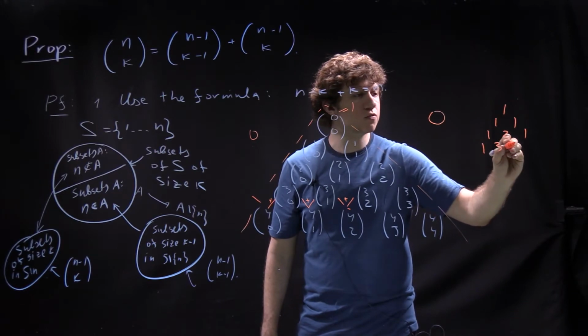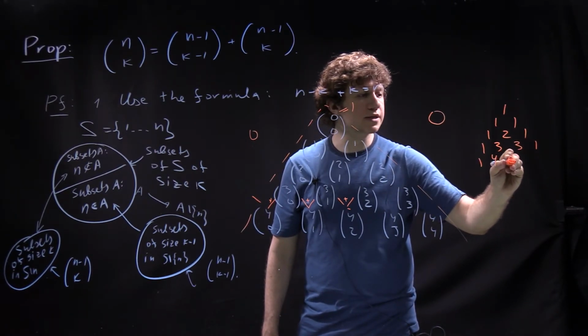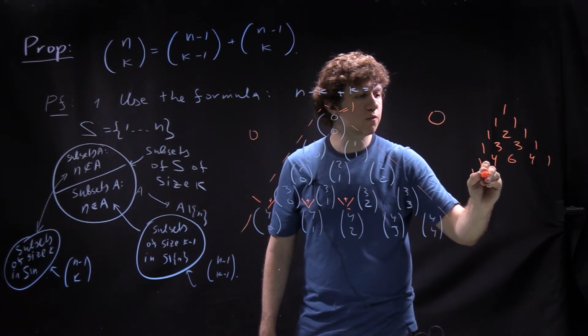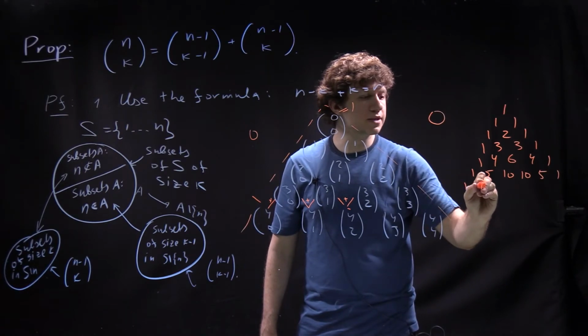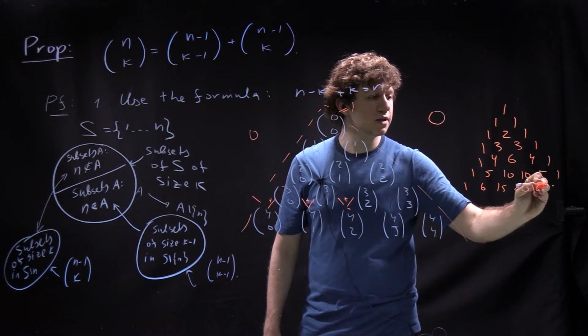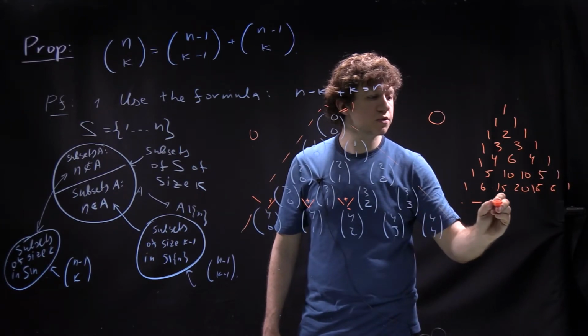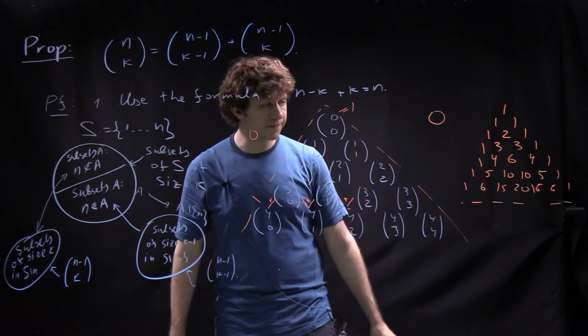So 3 is 1 plus 2, 3 is 2 plus 1; 1, 4, 6, 4, 1; 1, 5, 10, 10, 5, 1; 1, 6, 15, 20, 15, 6, 1, and so on. And you see it's super fast to compute, much faster than using this factorial formula.